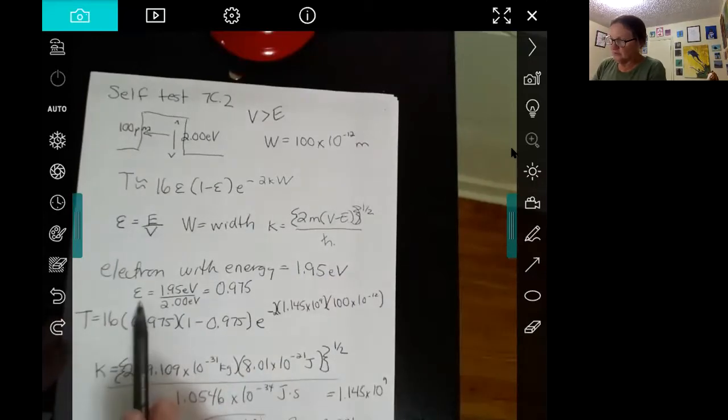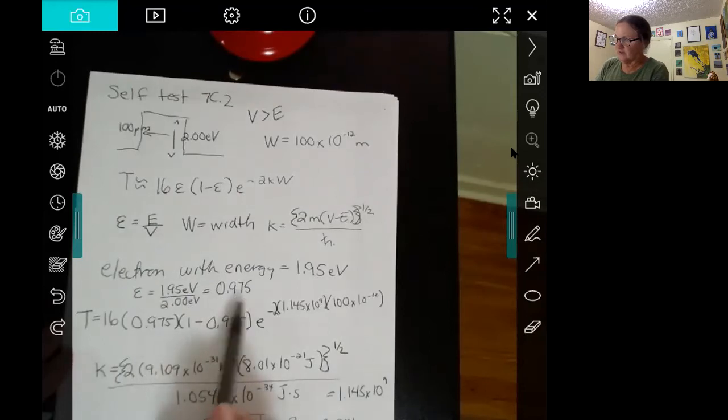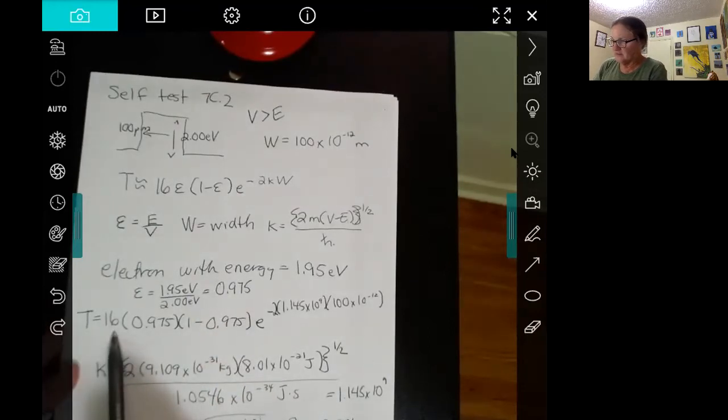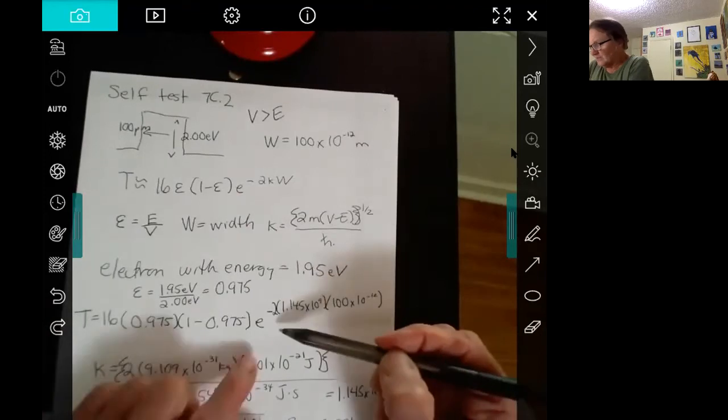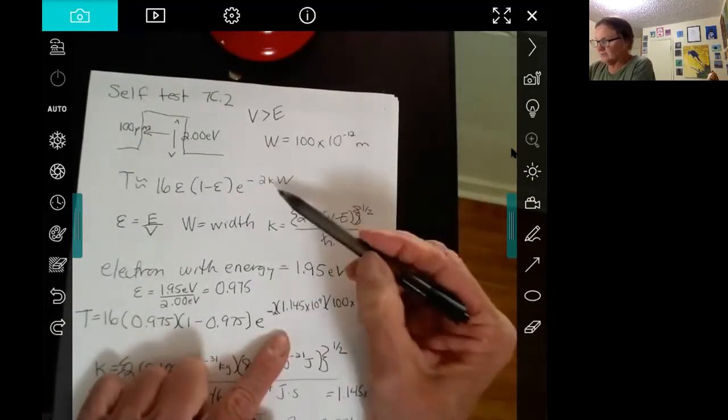So for this one, epsilon will be the energy of the particle divided by the potential, so 0.975. So 16 times 0.975 times 1 minus 0.975 multiplied by e to the minus 2 times kappa.